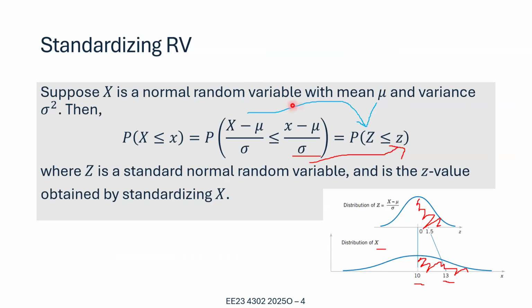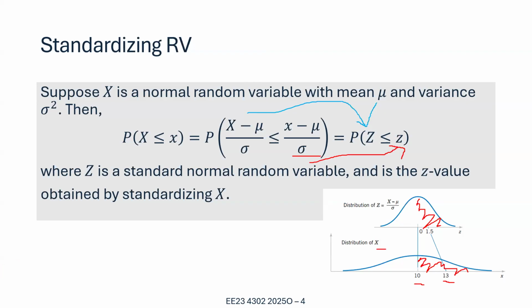So here we have the formula where suppose that we have the normal random variable x that is not standard. Just to remind, the standard normal variable has the mean 0 and the variance 1. Therefore, the standard deviation is also 1.